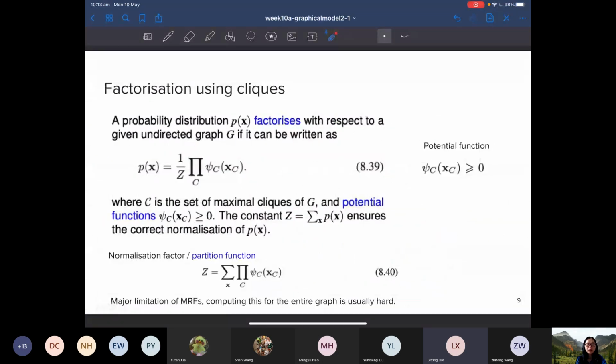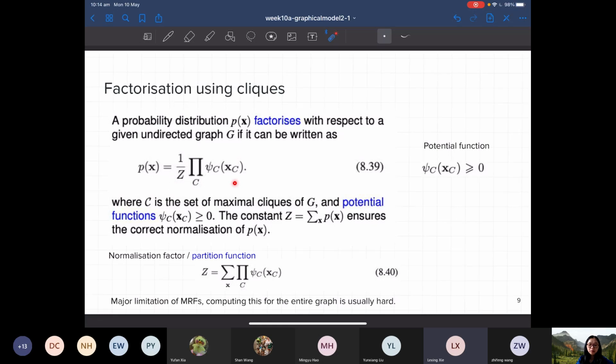The definition of maximal cliques is now used to factorize an undirected graph. The joint probability of all nodes in an MRF can be written in the following form. Recall that in the Bayes network case, we essentially write the joint probability as a product of conditionals.